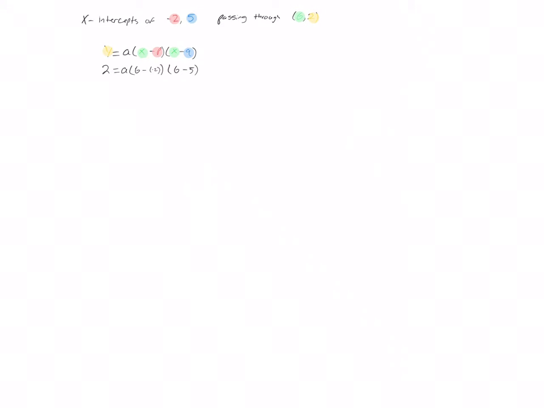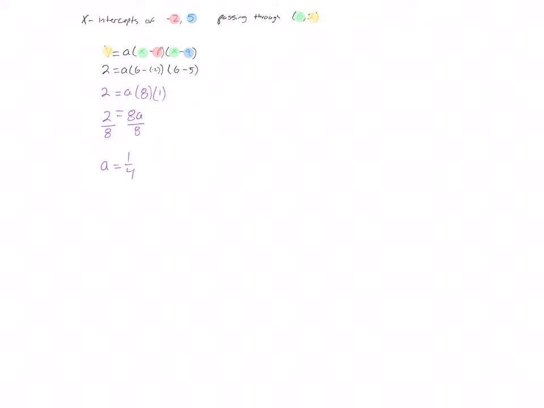So simplifying this down, this is going to give me 2 is equal to a times, so it's going to be 6 plus 2, which gives me 8, times 6 minus 5, which just gives me 1. That makes it fairly simple. This is going to be 8a on the right hand side, which is equal to 2. Dividing by 8 to solve for a, that gives me a is equal to 1/4.